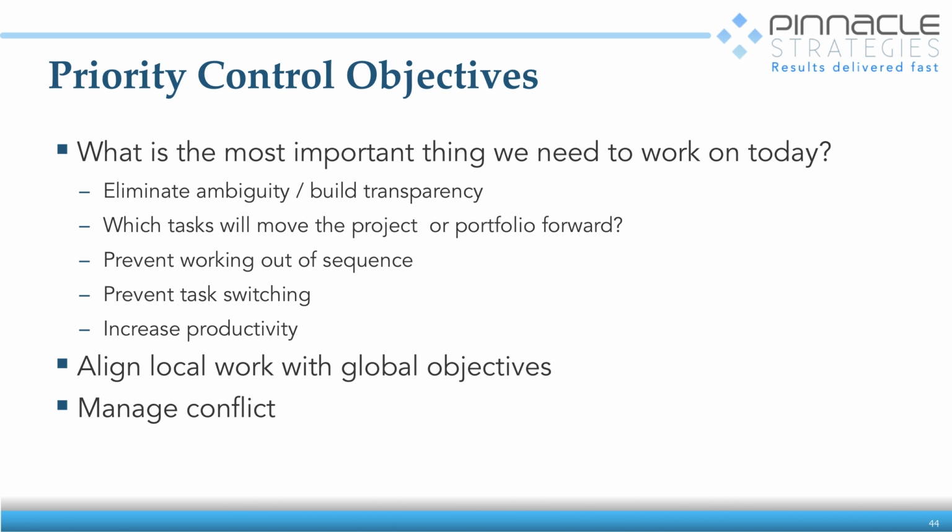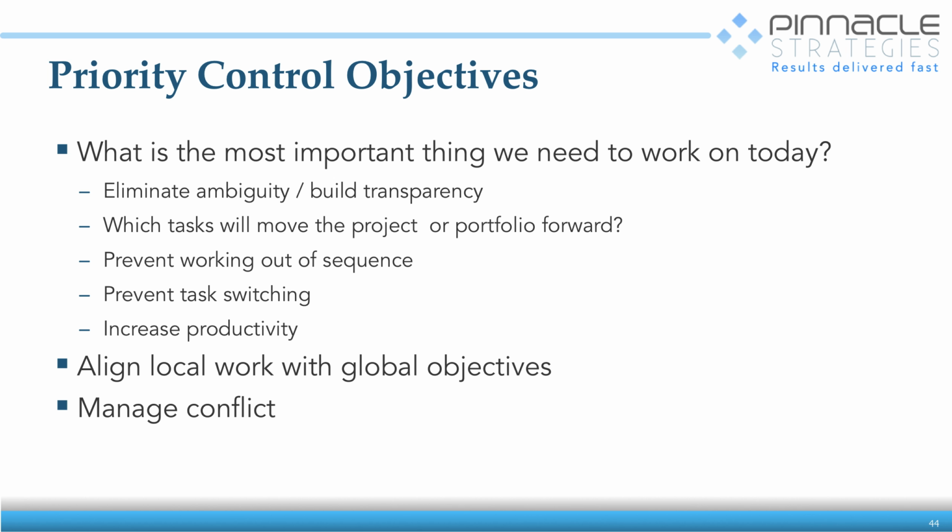So if you're a portfolio manager and you've got multiple projects, the priority control objective is the tools or the process, or we'll call it the structure, that you use to manage and control priority. It's clear who sets it, right? And of course there's always conflict in a project about what's the right priority and who gets this resource or who gets that resource.